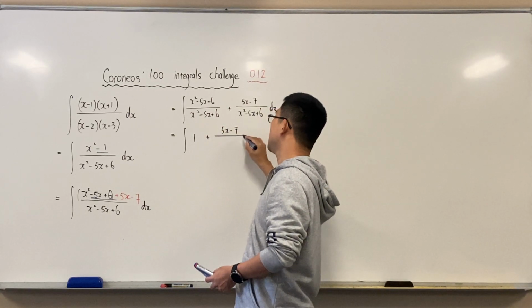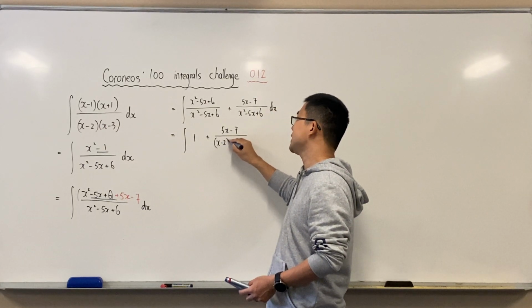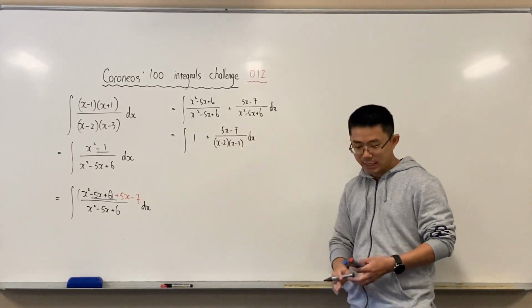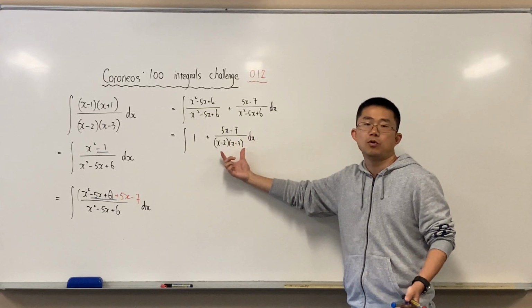Let's factorize the denominator, which is just the original denominator from previously. That becomes (x minus 2)(x minus 3). Then I just need to do a partial fraction to work out 2 more fractions from here.